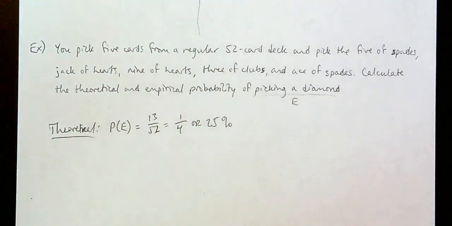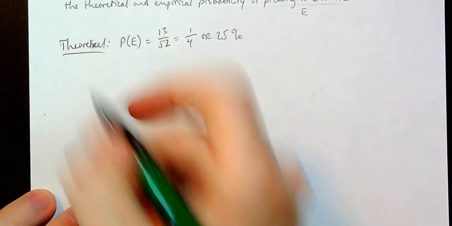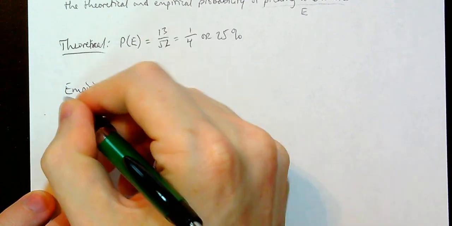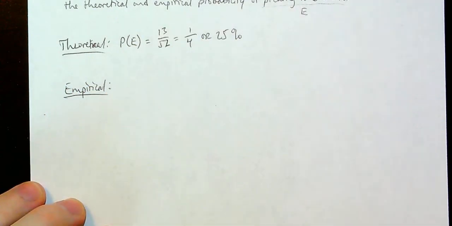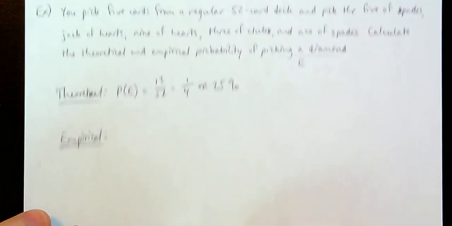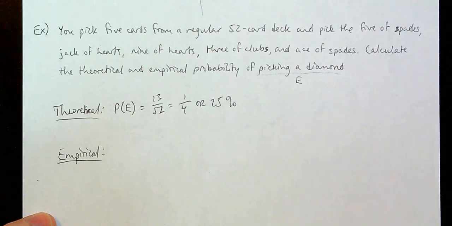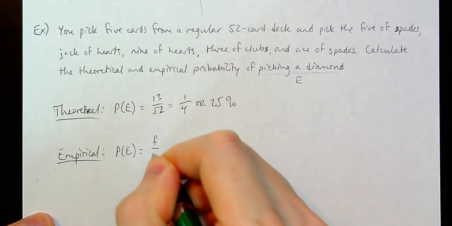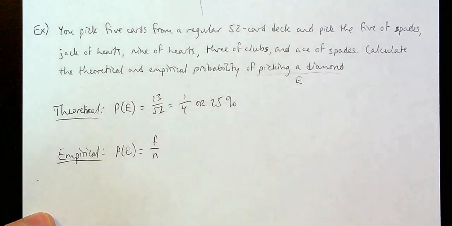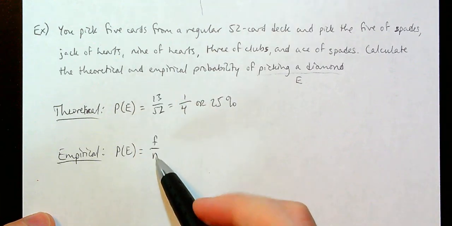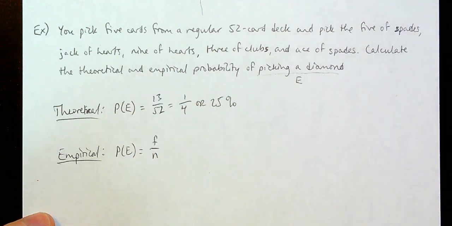Now, what's the empirical probability here? Well, this probability all has to do with those trials that we did. We said that we picked 5 cards. Here's our formula for the empirical probability. We picked 5 cards, or we had 5 trials, so that's our n value here.